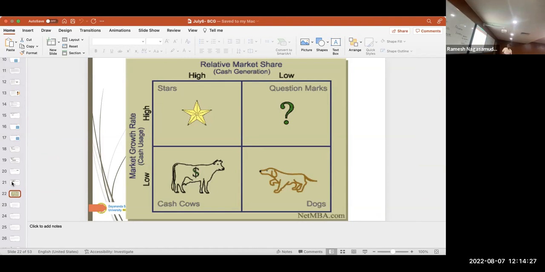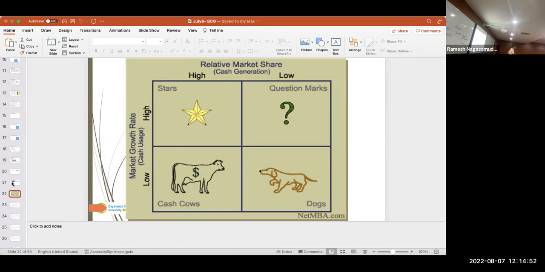Relating, you guys will always be a question mark. Why would you enter a market which is low growing? Nobody will enter a low growing market.